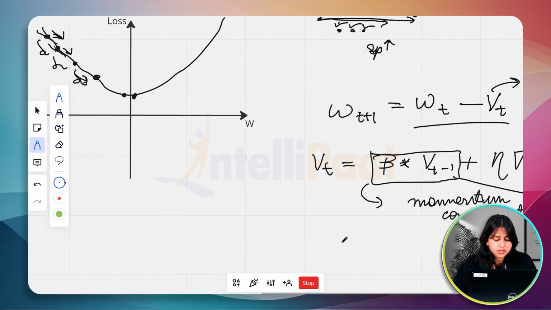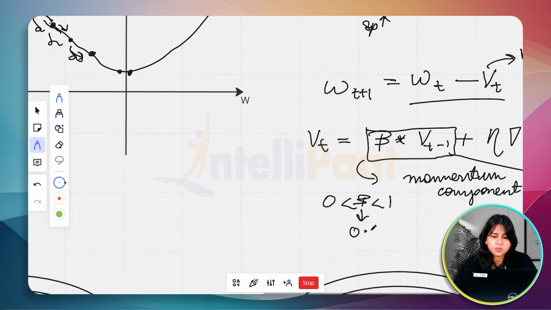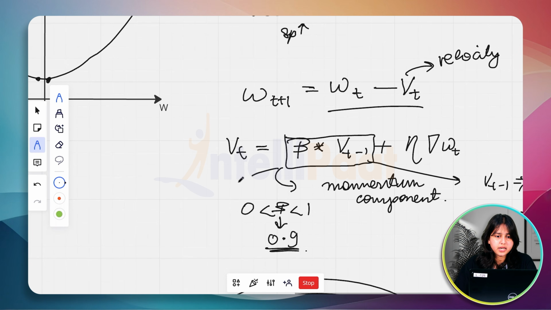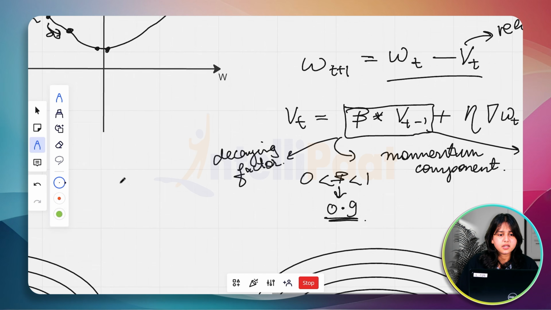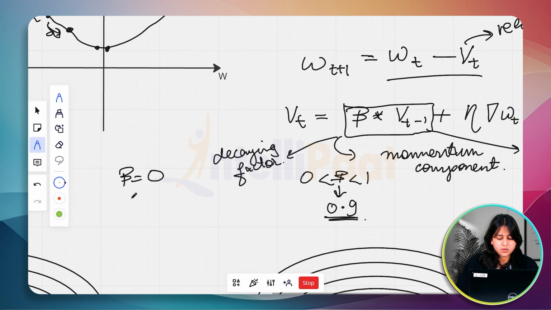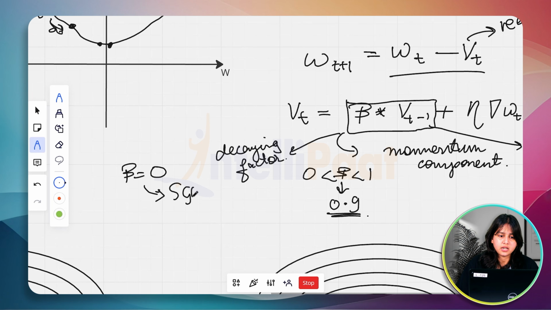Beta over here is going to have a value between 0 and 1. Preferably in general it is 0.9. So this beta over here is called a decaying factor, right? So we can say if beta is equal to 0, this entire thing will turn into normal SGD.